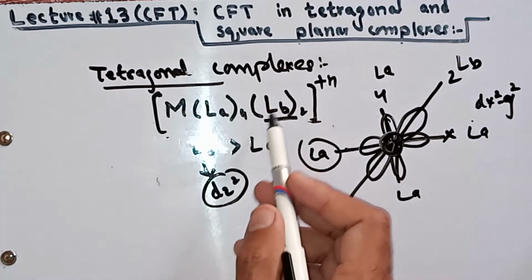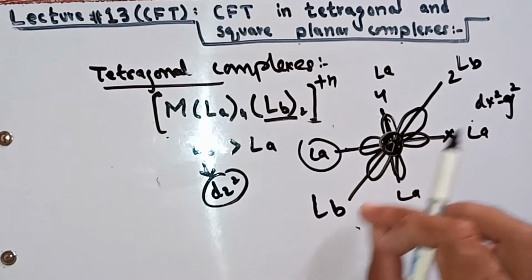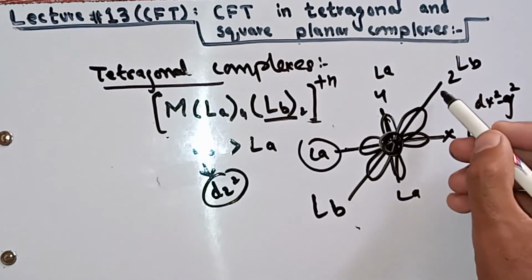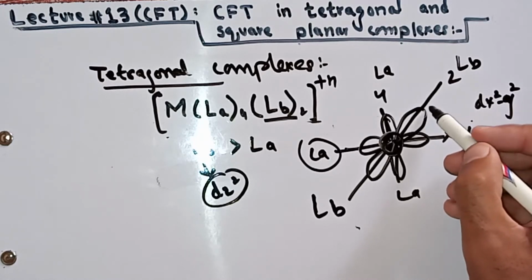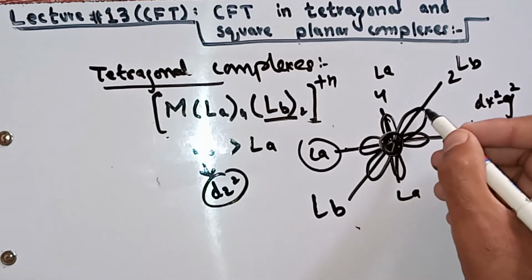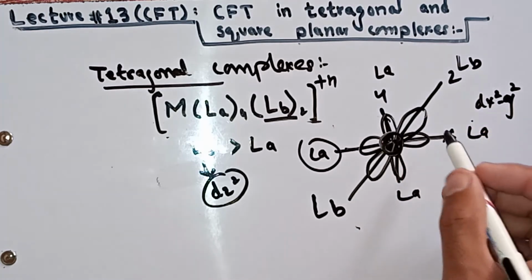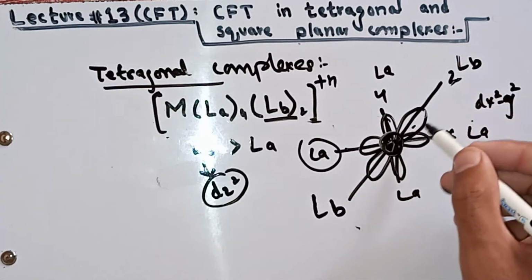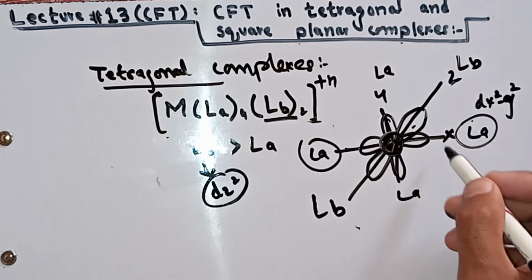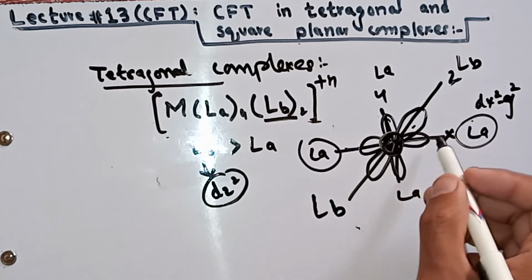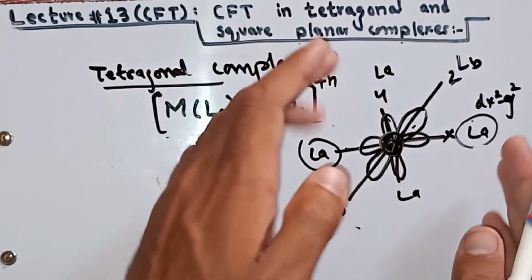The Lb ligand will have a high interaction with the central metal atom, so its energy will increase. It will approach the central atom effectively, while La, being weak ligands, cannot approach effectively, so they will be away from the central metal atom, while Lb will be towards the central metal.